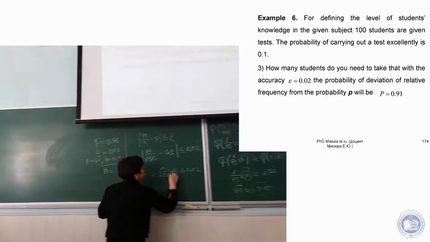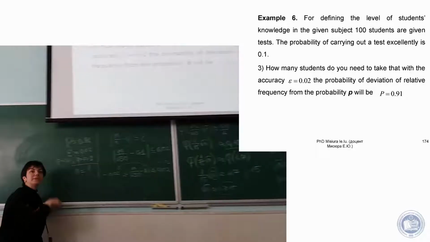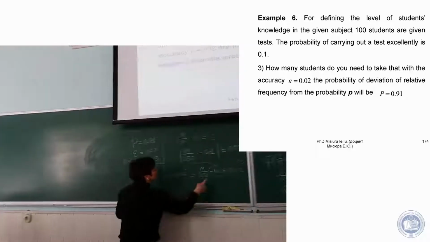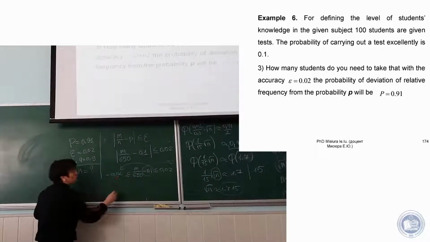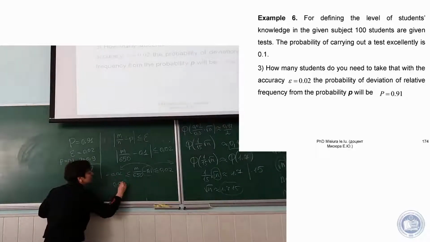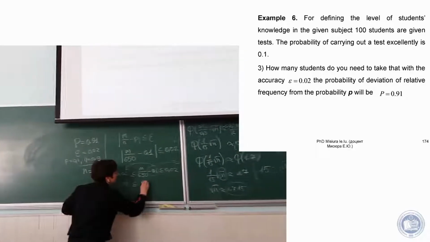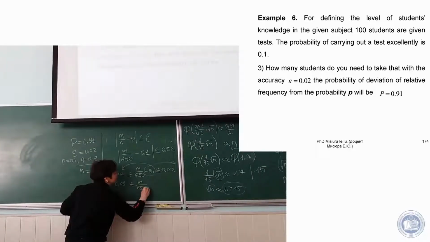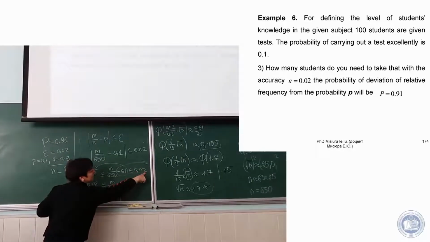If you take this probability and move to the left side and right one, you can get plus 0.1 minus 0.02, it will be 0.08. Okay, m over 650 between 0.08 and 0.1 plus 0.02.